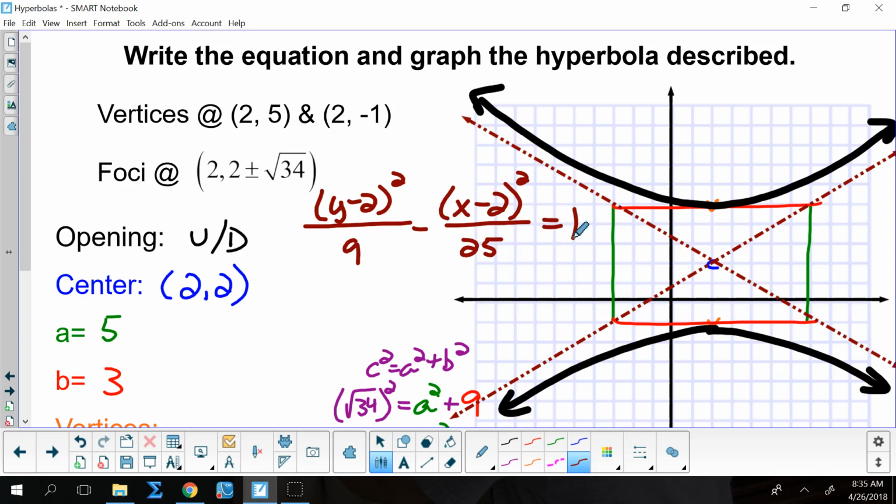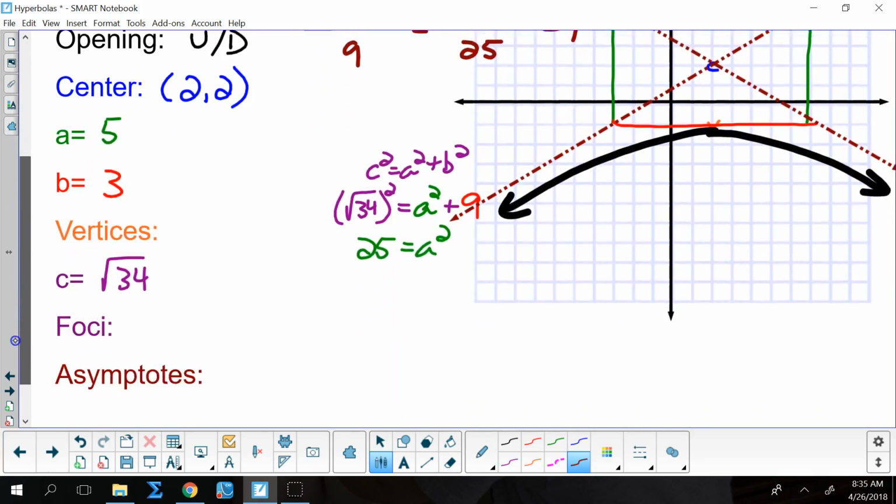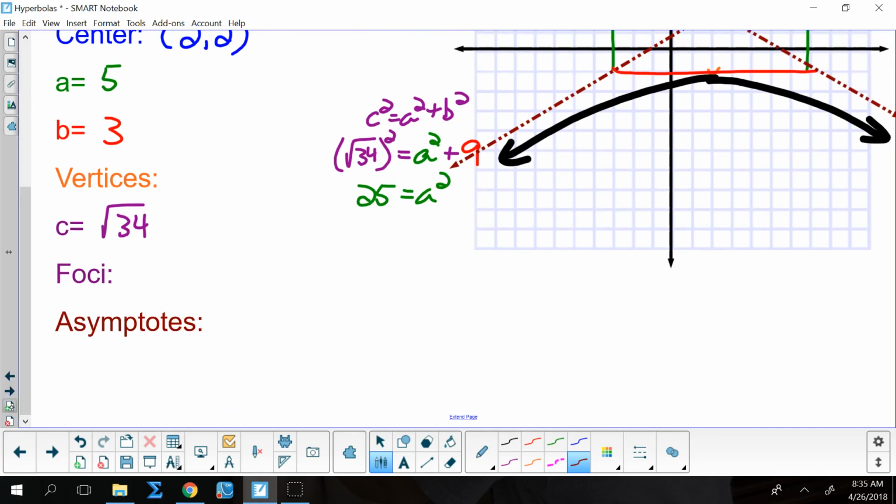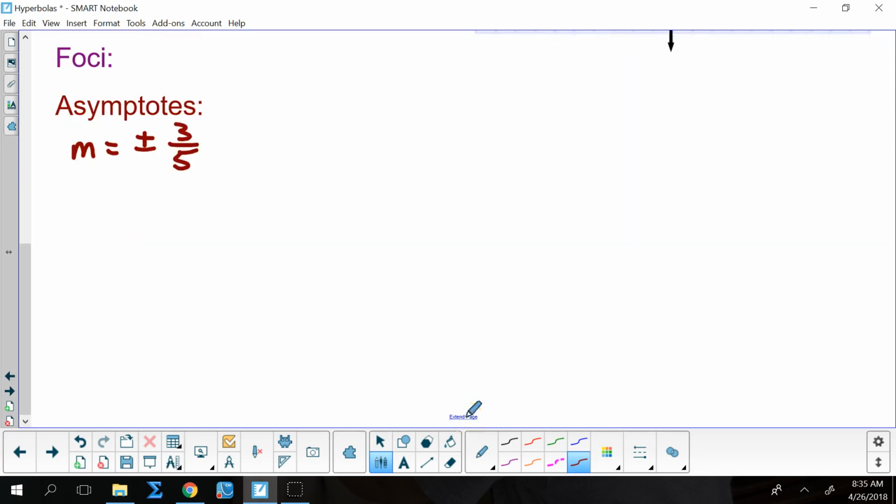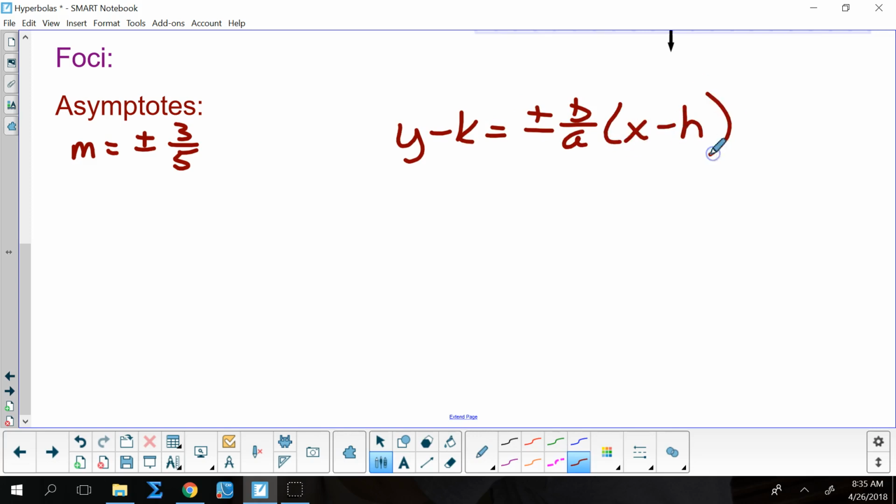Okay? Michael, you asked for the asymptotes again? Okay, so the slope of my asymptotes are going to be plus and minus 3/5. Agree? B over A. So then it's going to be y minus k equals plus or minus B over A times x minus h, the equation of the two asymptotes.